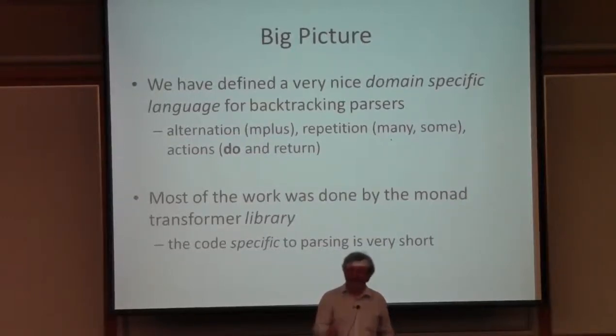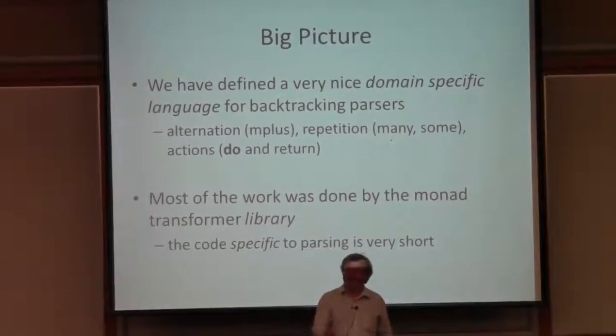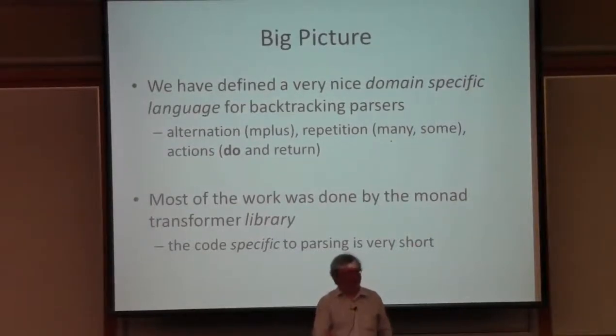And I had to do very little work that was not a part of a monad transformer library. So all of those monad transformers I showed you, those are library code. And the part that I have to write that's specific to parsing is very short. And that's the goal of programming with monad transformers, to get as much work as possible done by the monad transformer library.